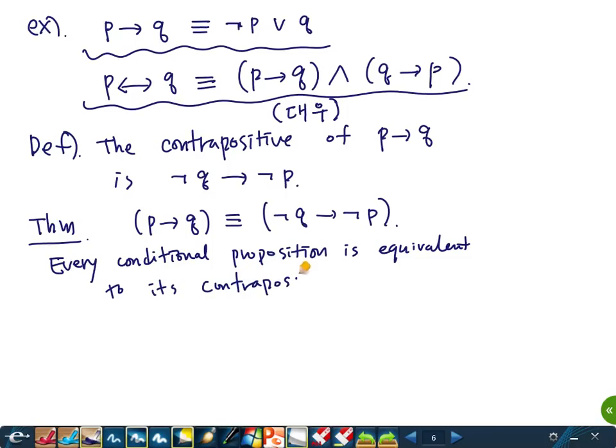So this is a very useful fact, because sometimes the contrapositive is easier to prove than the original proposition. But if you know that they are equivalent, you can just choose the original form or its contrapositive. So it's a very nice, simple but useful fact.